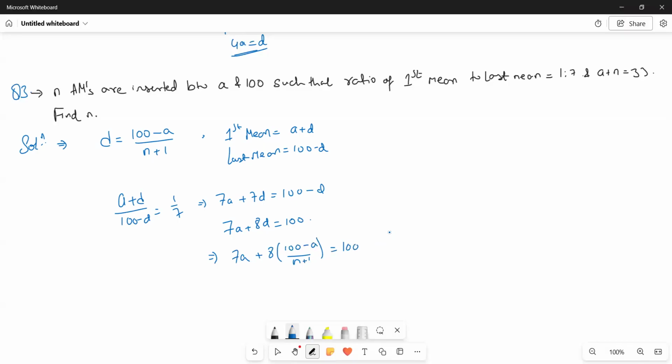And since we are asked to solve this for n, let's convert this entire equation to an equation in n. Write the value of A also from here, 33 minus n. So this would be 7 times 33 minus n plus 8 times 100 minus 33 plus n by n plus 1 is equal to 100.